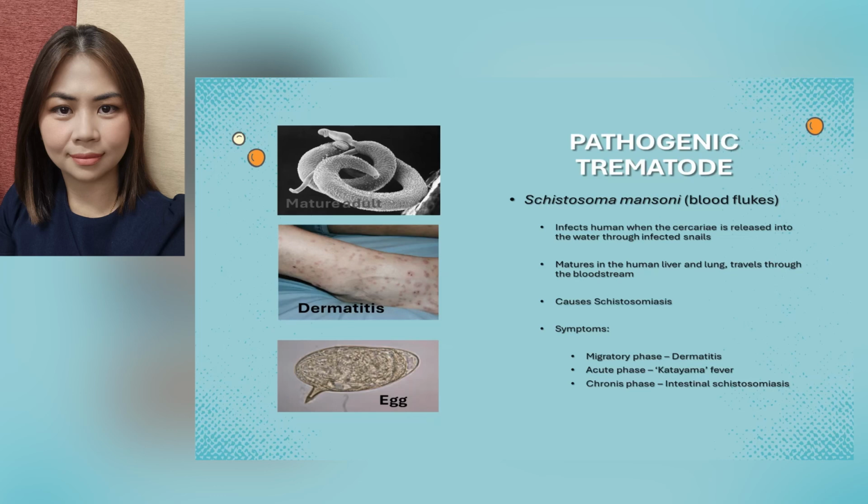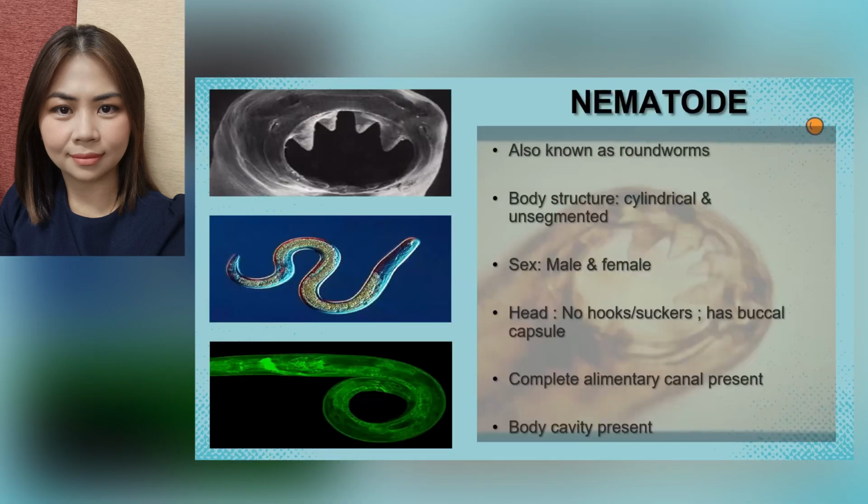It causes schistosomiasis. The symptoms are, in the migratory phase, dermatitis; during the acute phase, Katayama fever; and in the chronic phase, intestinal schistosomiasis.